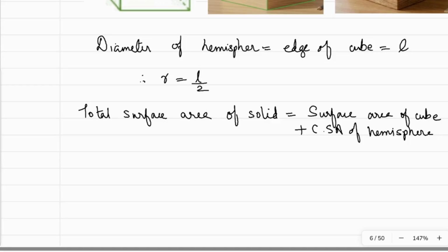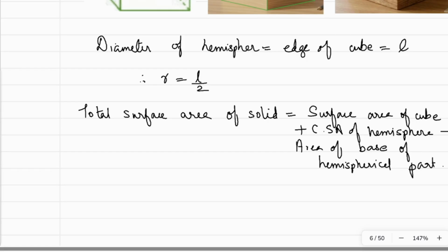Then from there, we will have to reduce the area of the base of the hemispherical part, minus area of base of hemispherical part. Clear? In this way we will have to do that one.